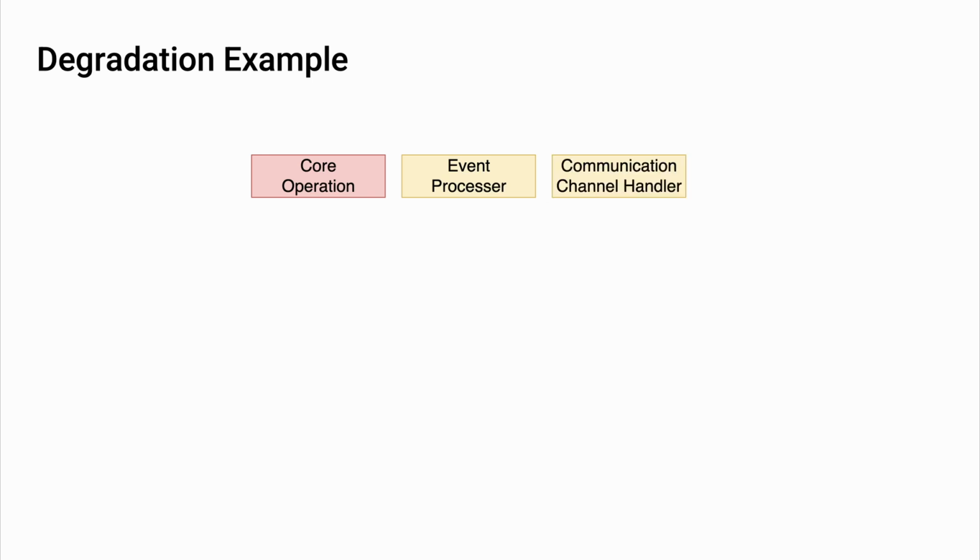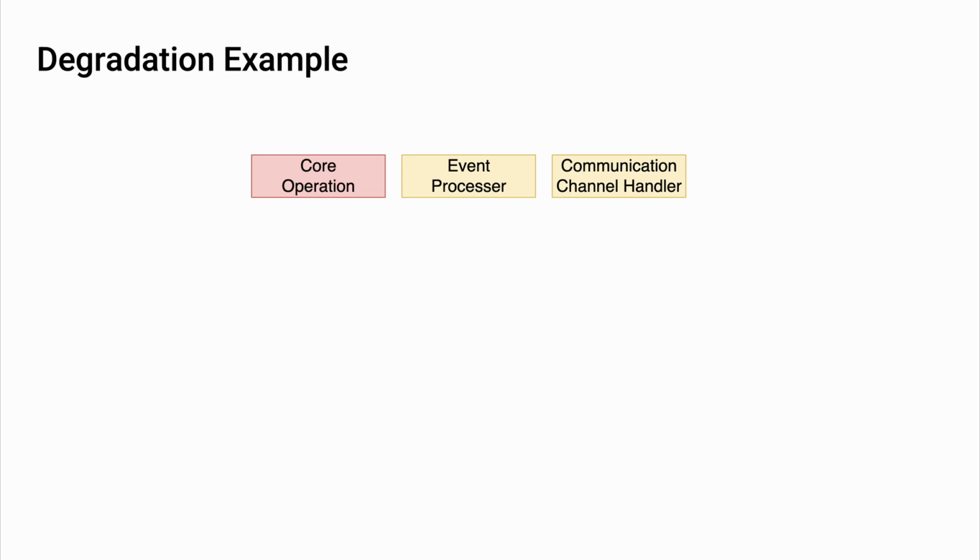Let's consider a real-world example and think about what it means in the context of needing to degrade. If we have a communication stream that's coming into the system, then we can divide it as follows. We have the core operation, which is our critical aspect. We have an event processor, which is a high-level handler of events. We have a communications channel handler, which is looking at specific channels that the data is coming in over.